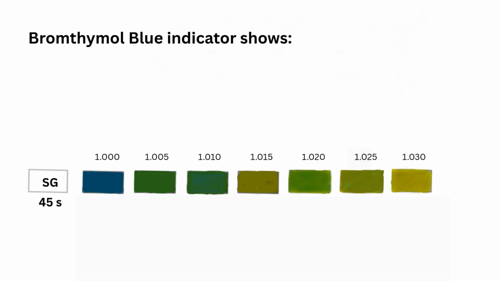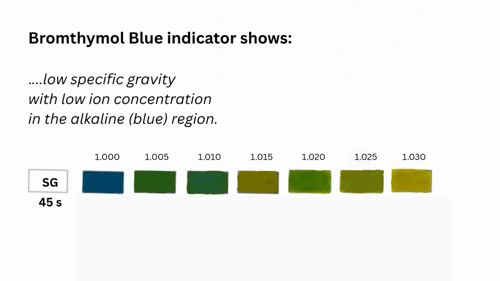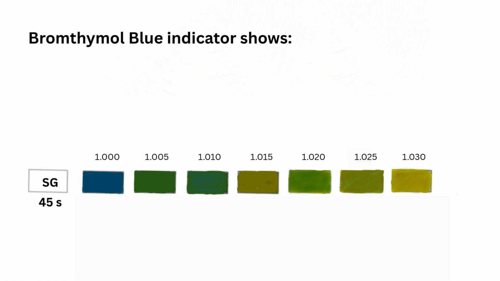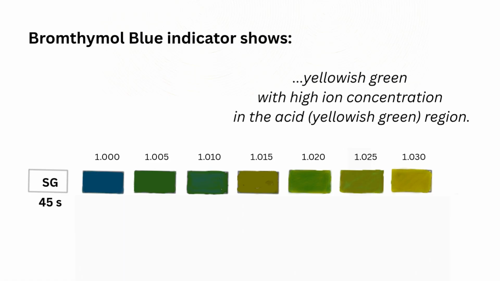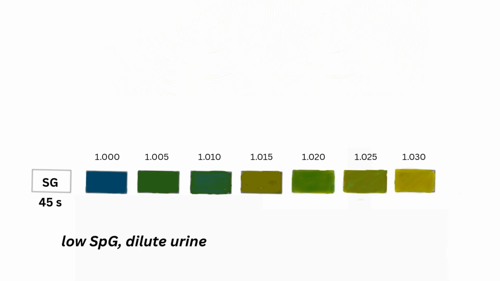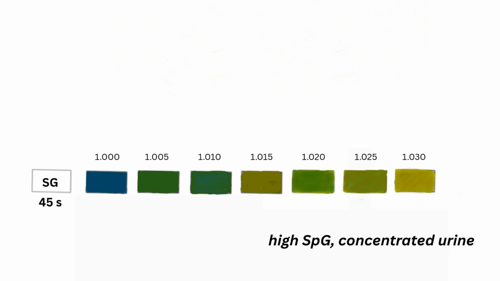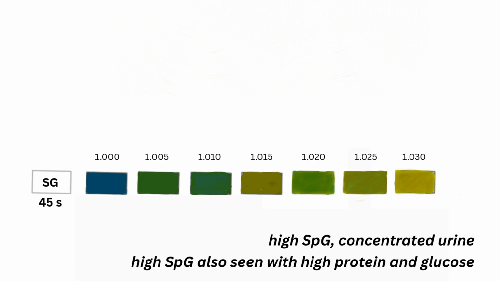Bromthymol blue indicator shows low specific gravity with low ion concentration in the alkaline blue region, and yellowish green with high ion concentration in the acidic yellowish green region. Low urine specific gravity is associated with a dilute urine sample, while a high urine specific gravity is associated with a concentrated urine.